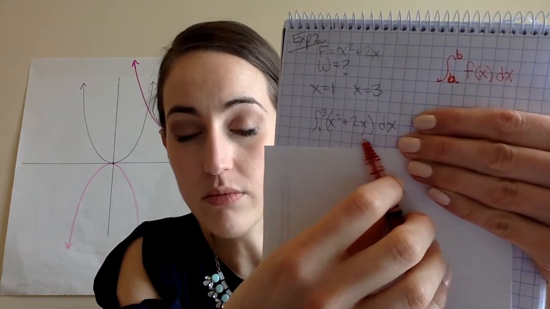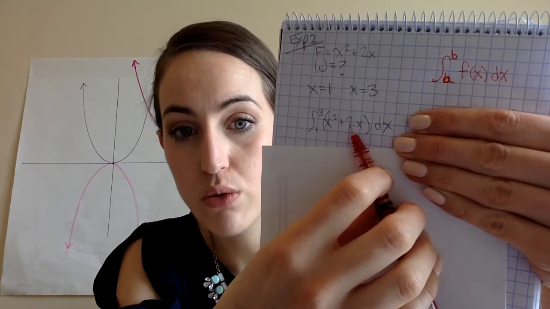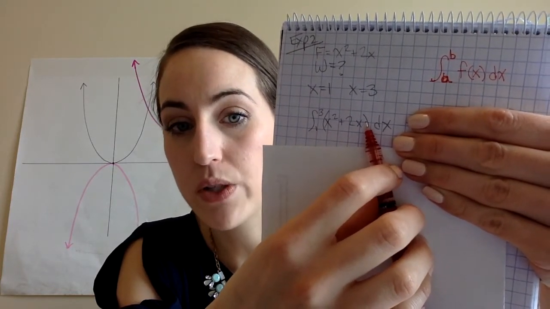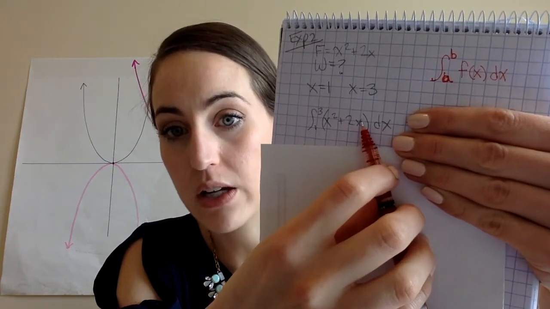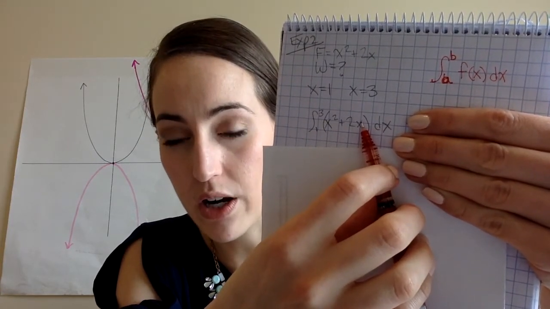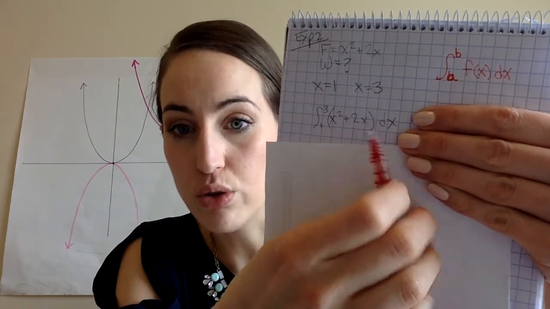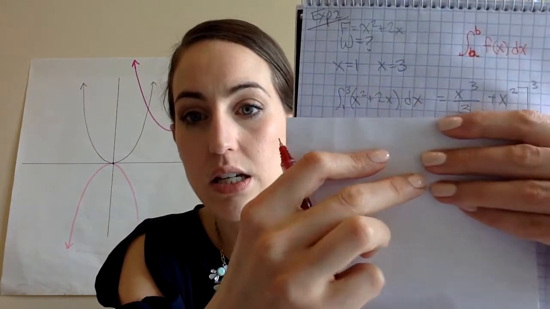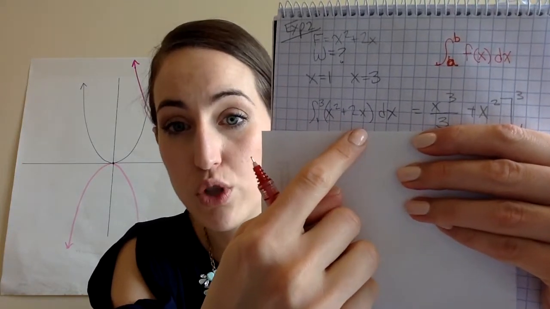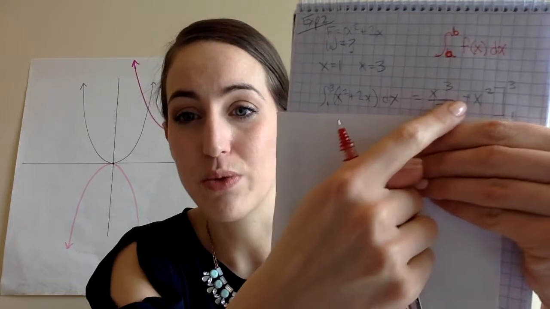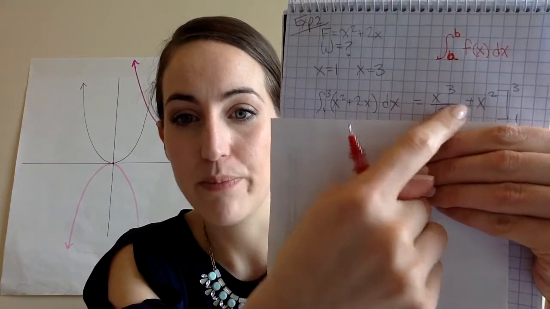Here, 2 stays the 2 multiplied out front. Same thing, the exponent is 1, so n plus 1, 1 plus 1, we now have an exponent of 2, so x squared, and it's all over that same number, n plus 1, so all over 2. And that 2 that stayed and the new 2 we just put in the denominator cancel. 2 over 2 cancels to 1, so there's really a 1 multiplied out front of that.